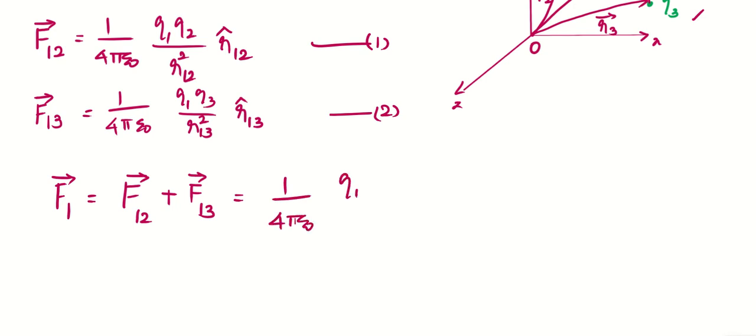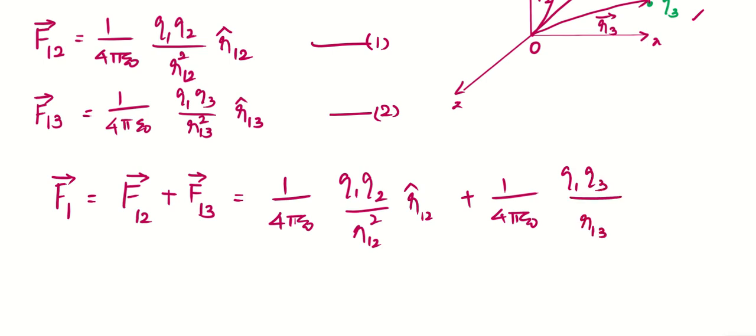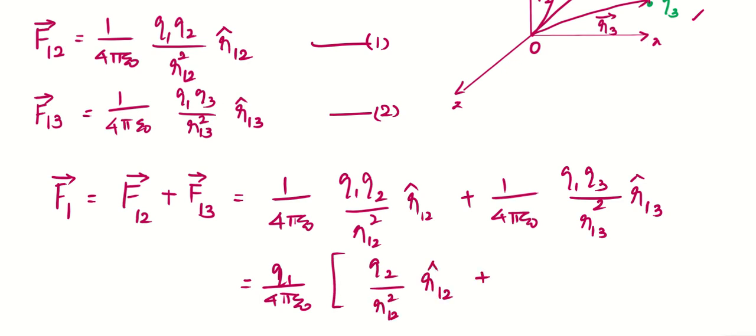So we are just going to add it. 1 by 4 pi epsilon naught Q1 Q2 divided by R12 whole squared R12 cap plus 1 by 4 pi epsilon naught Q1 Q3 divided by R13 squared R13 cap. இப்போ இது எழுதும்போது 1 by 4 pi epsilon naught வெளியில எடுத்துட்டு, Q1 கூட வெளியில எடுக்கலாம். So we can write this as Q2 divided by R12 squared R12 cap plus Q3 divided by R13 squared R13 cap. So this is the total force acting on charge 1.